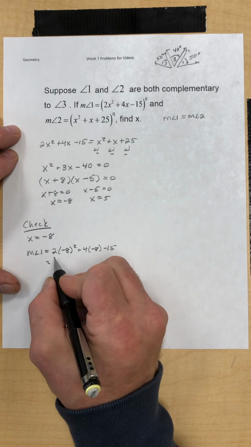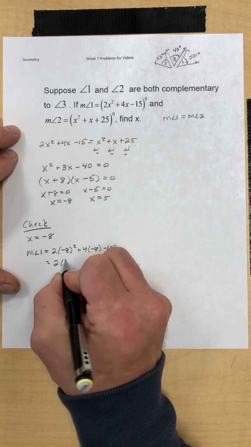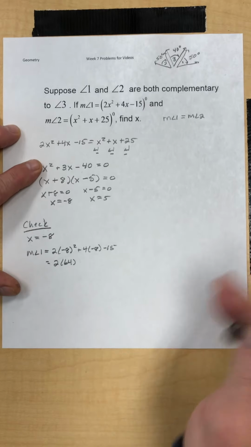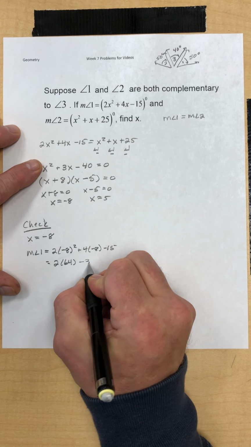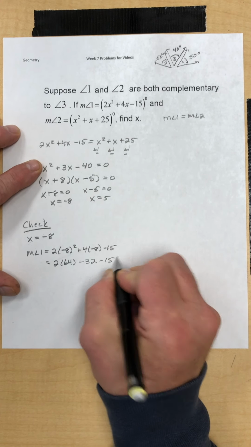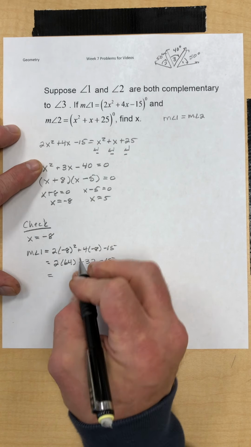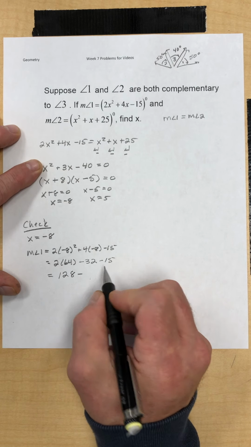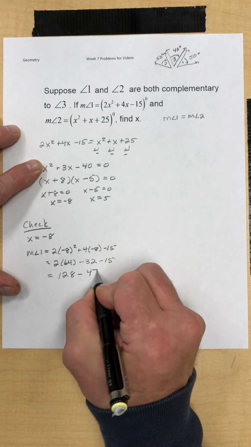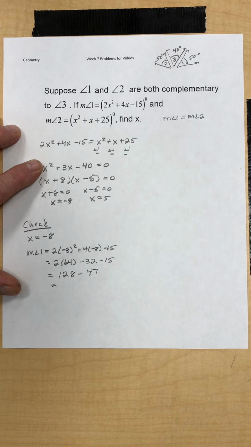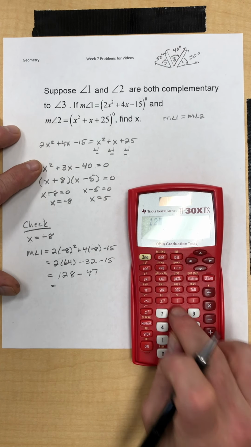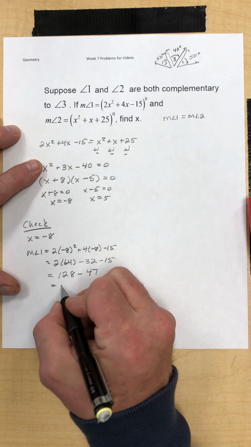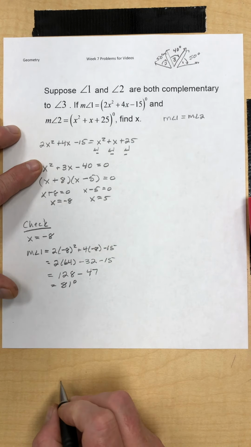So that is 2 times 64. 4 times negative 8 is negative 32, and then minus 15. 2 times 64 is 128, minus, well, subtracting both of those is like subtracting 47. 128 minus 47 gives me 81 degrees for the measure of angle 1.